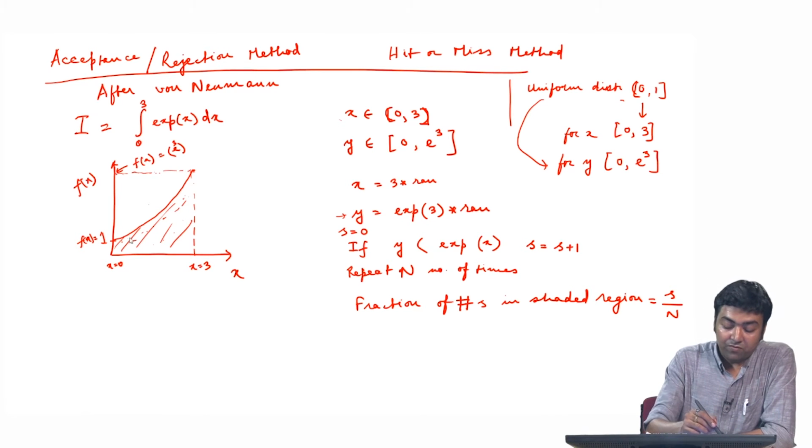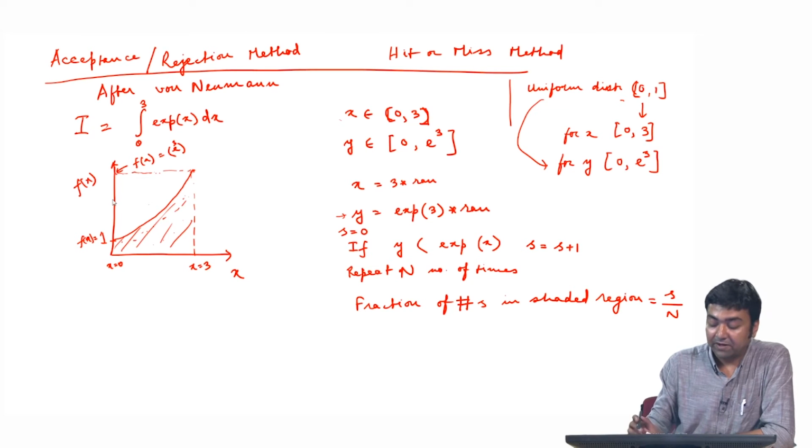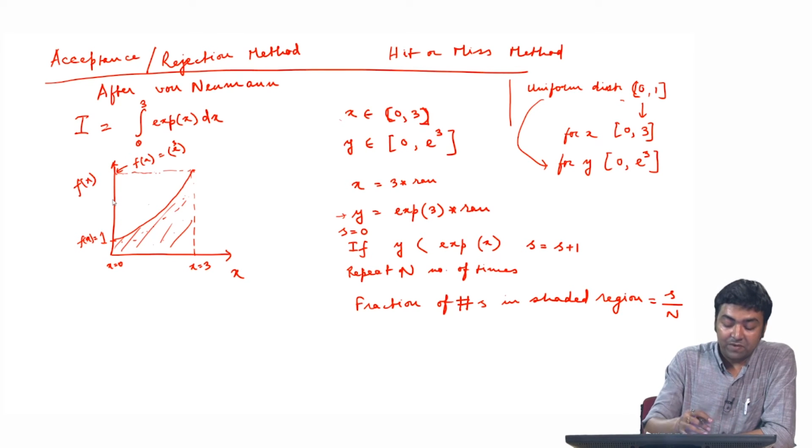So, once I know the fraction of such points lying in the shaded region, what I need to do is find out the area, so I need to multiply this fraction with the total area of this rectangle. Then that will give me the estimate of the area covered under the curve.